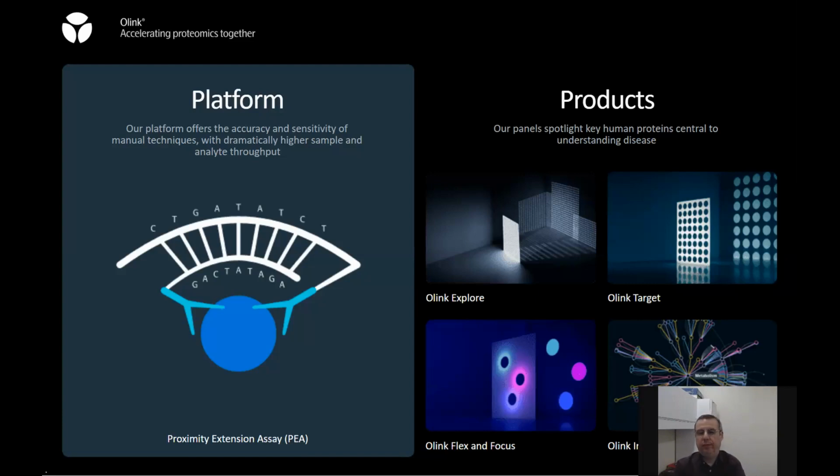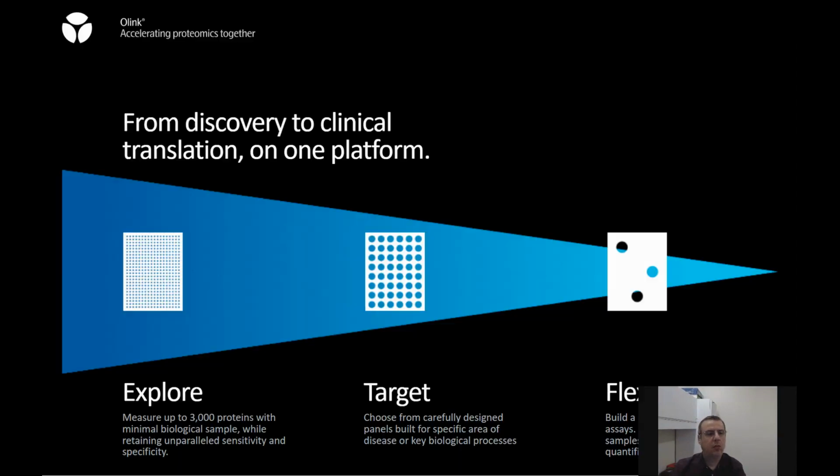We have Olink Flex, which is a 20-plex, where you mix and match from 15 to 21 targets out of a library of 200, and Focus, which is a complete custom panel. The bottom right shows a software package we call Olink Insight that gives you pathway information to help the analysis of all this protein biomarker data.